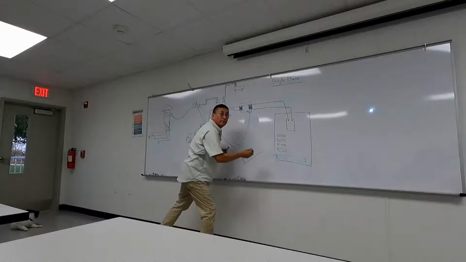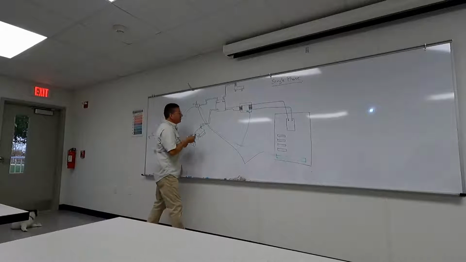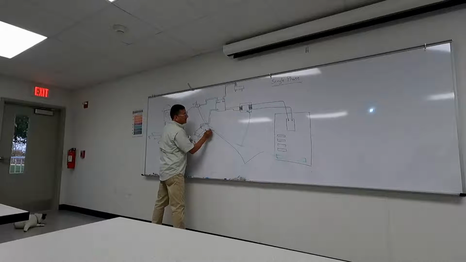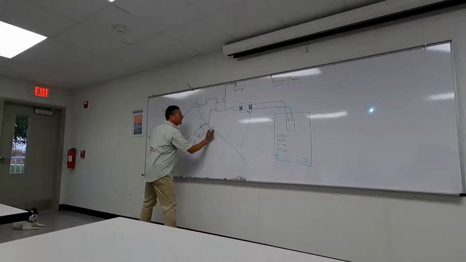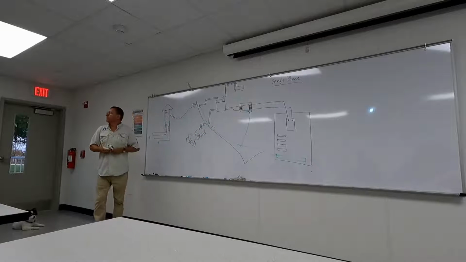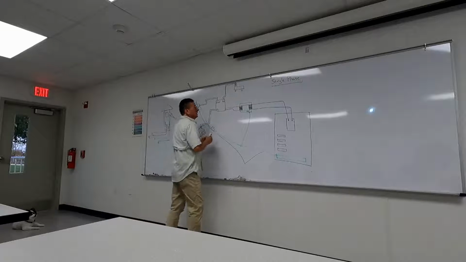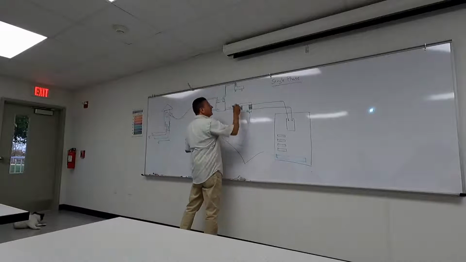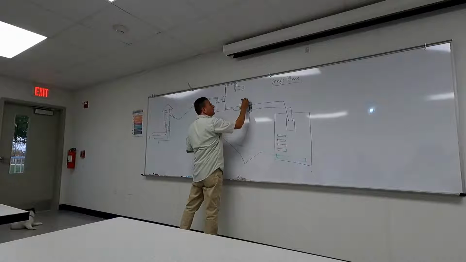That's ground. Okay, the galvanic isolator will be located here. You interrupt the ground and you insert the galvanic isolator. Good? And this is the isolation transformer.